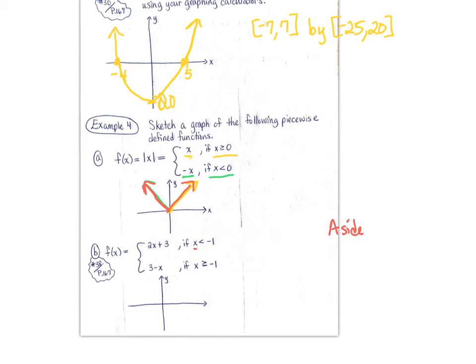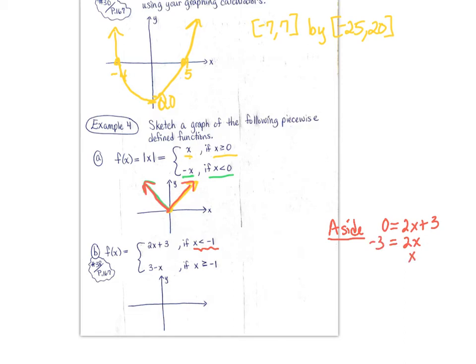So note that here we have if x is less than negative 1. So if x is less than negative 1, let's figure out what the x-intercept will be. To find the x-intercept, you set y equal to 0. So that means 0 is equal to 2x plus 3, which means 2x equals negative 3. We subtract 3 from both sides.